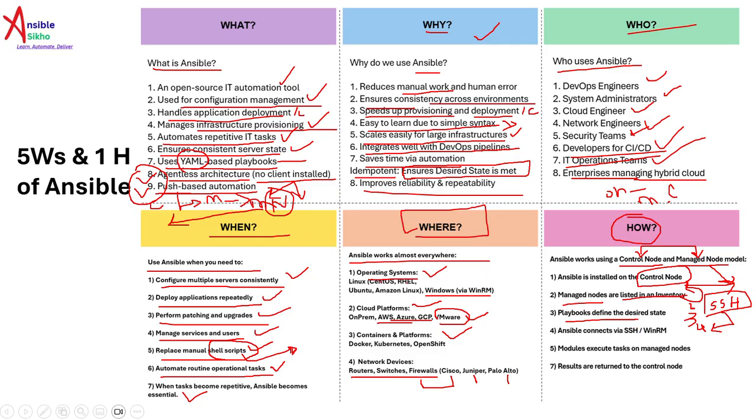Playbook defines the desired state. This is how we are going to use Ansible. Ansible connects via SSH in the case of Unix-like platforms and WinRM for Windows-based ones. Modules execute tasks on managed nodes and results are returned back to the control node.